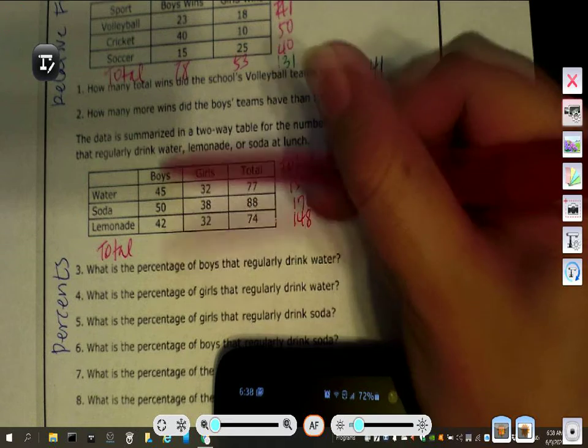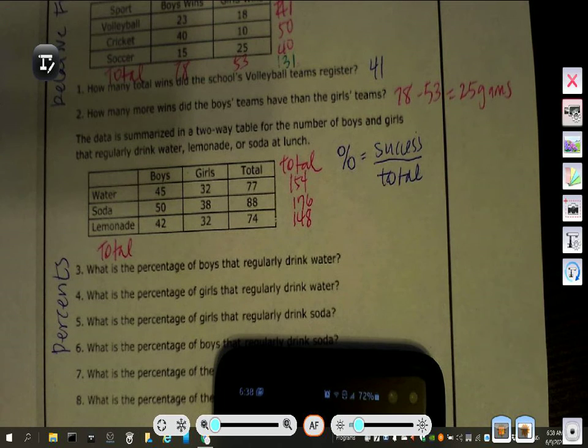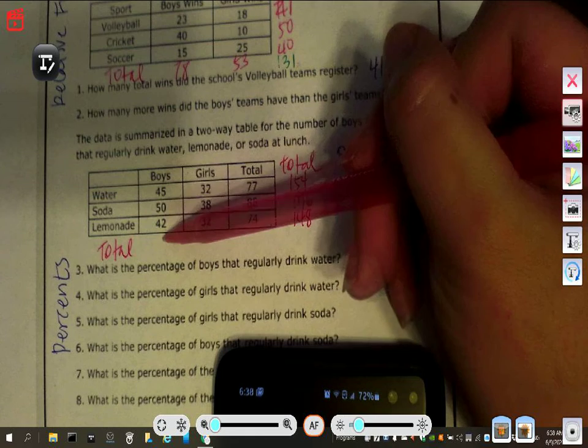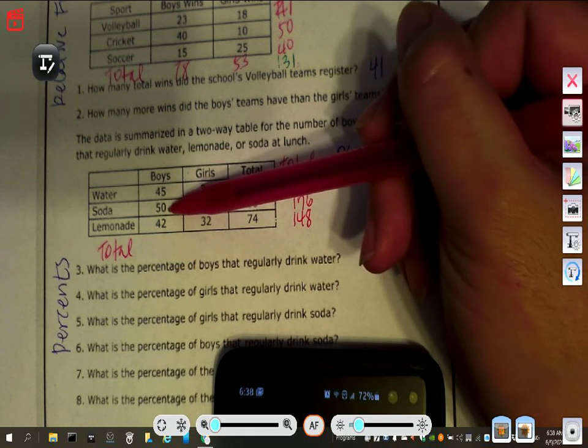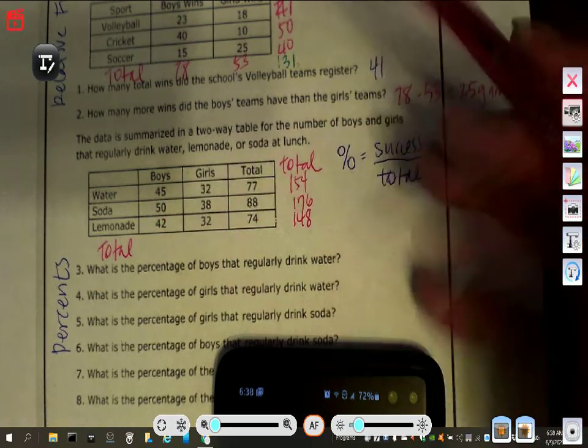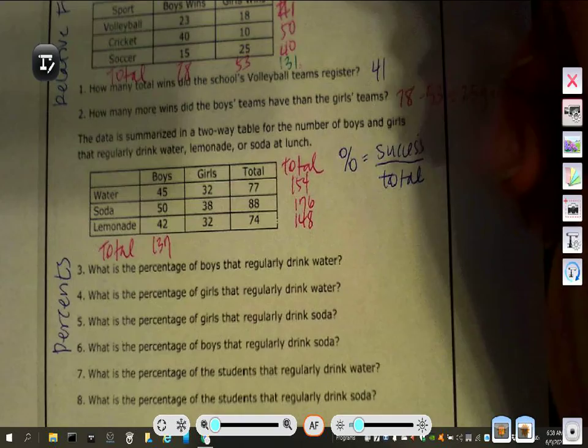On the other hand, the column sum gives you a different piece of information. If I add 45 plus 50 plus 42, I'm adding the number of boys that drink water, soda, and lemonade for lunch. So this 137 tells me there are 137 boys total.